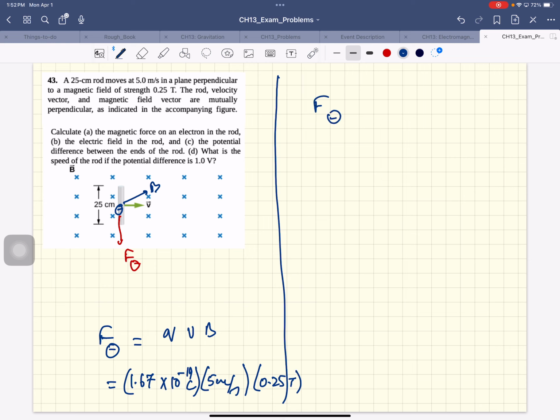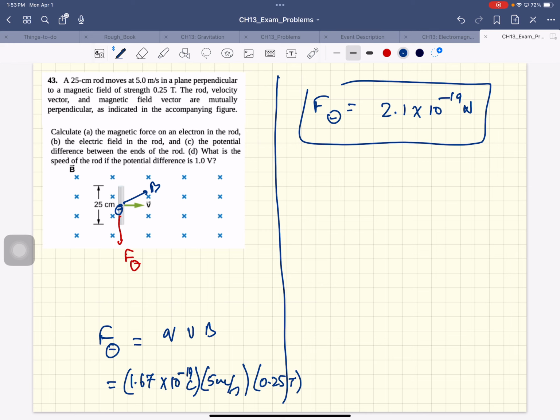So the magnitude of the force is, okay, so that's the force.